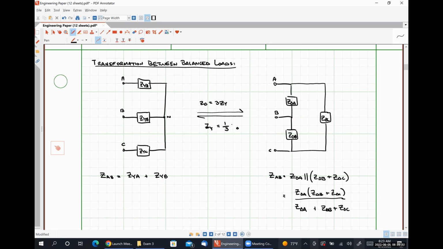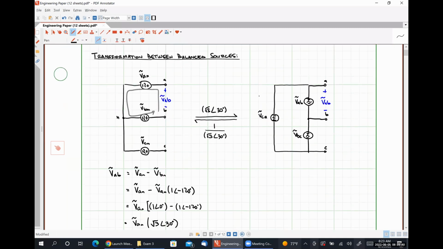So these transformations are pretty easy to remember because they are equal and opposite. For our transformation between balanced sources, if we want to go from Y to delta, we multiply by √3 angle 30 degrees. If we want to go from delta to Y, we divide by √3 angle 30 degrees.